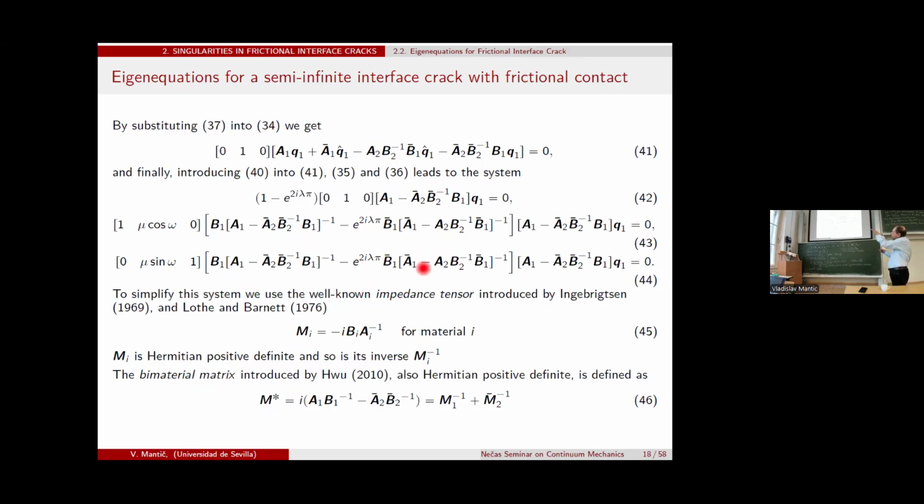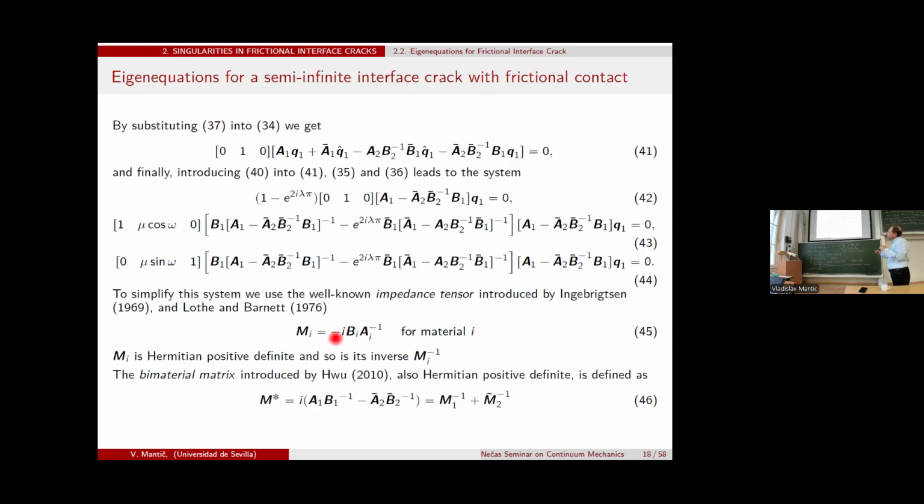Of course, it's relatively complicated, but you can see that some patterns repeat, some matrices. So it is useful to simplify this system of three equations we have obtained, using the impedance tensor introduced by Gebristen and mostly Barnett in the anisotropic elasticity theory, which is this matrix M1 or 2, depending on the material.